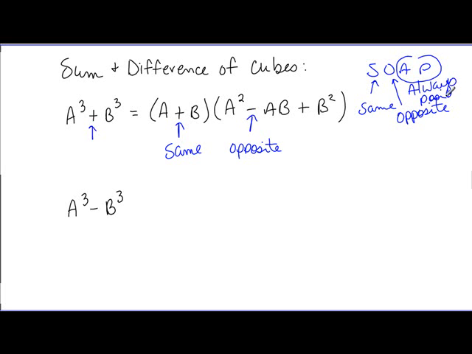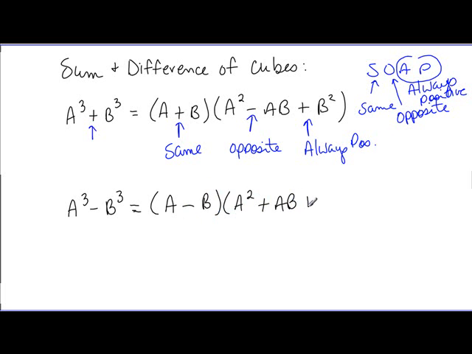The last term is always positive. So thinking about it that way, the formula for the difference of two cubes would be A and B with a negative, and then we'd have A squared plus A times B and another plus B squared.